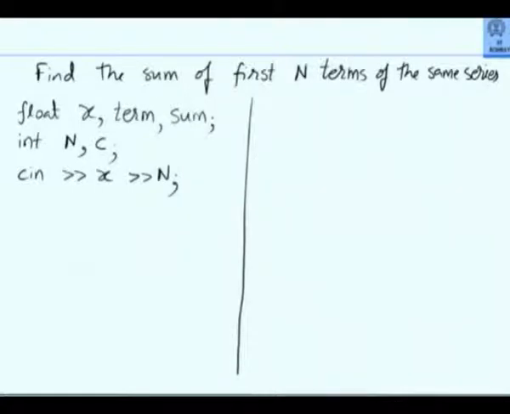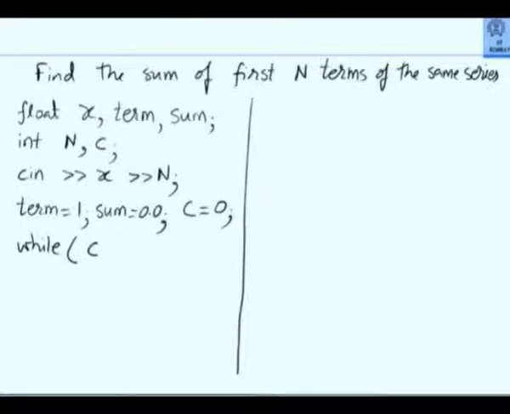So, I will of course start with term equal to 1, sum is equal to 0.0, but I will also say count is equal to 0. Now, I put my condition: while count is less than n.